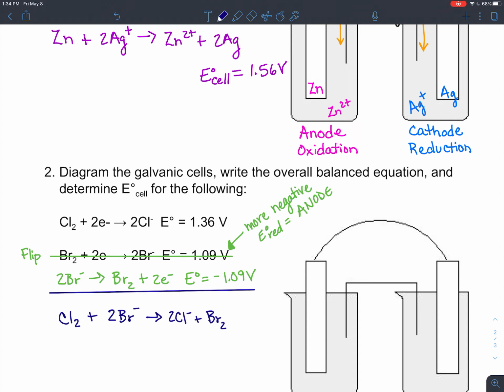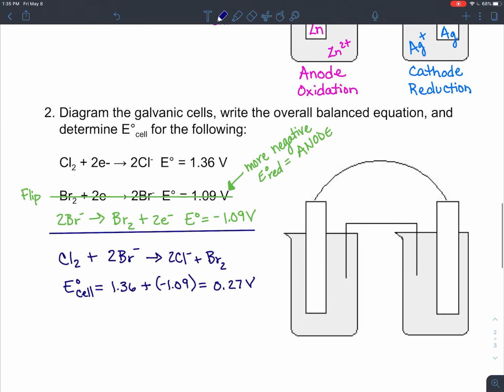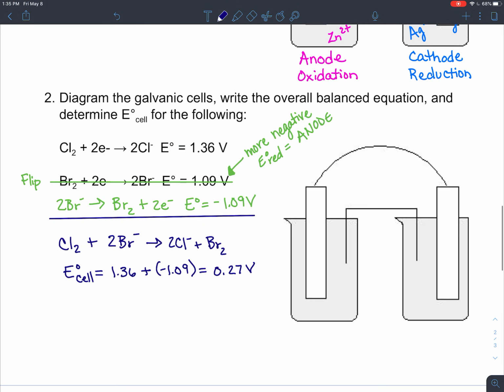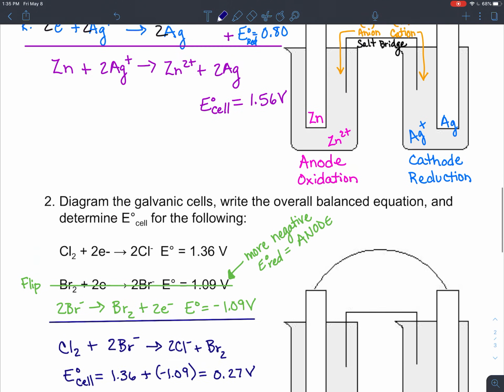Okay, now we have to add up these values. So for the total cell potential, we're going to take the 1.36 plus the negative 1.09. That's again in volts. And we get 0.27 volts.